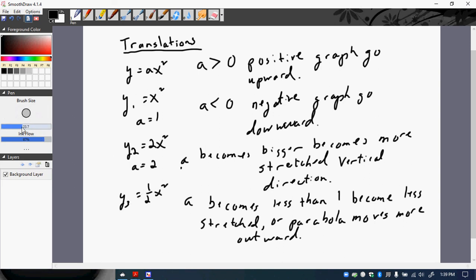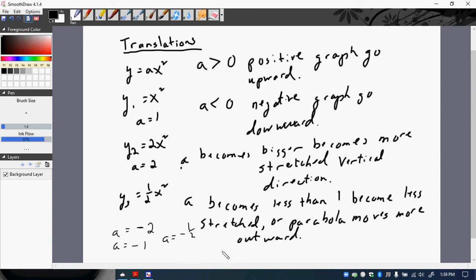So these are the things that cause that. Now the other thing that you could have an issue with is if a happens to be a negative number. So let's say a is -2, or a is -1, or a is -1/2. What does that do?